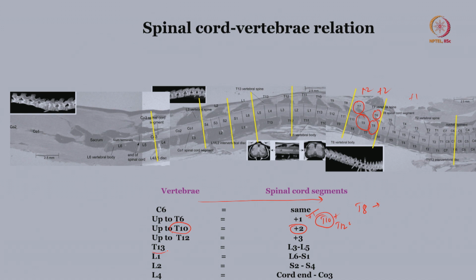So T13 will have L3 to L5, L1 will have L6 to S1, L2 will have S2 to S4, and the spinal cord ends at CO3, that is coccygeal 3. Alright, so at the L4 vertebra the spinal cord of the rodent ends, whereas in humans it ends at the L1-L2 junction.